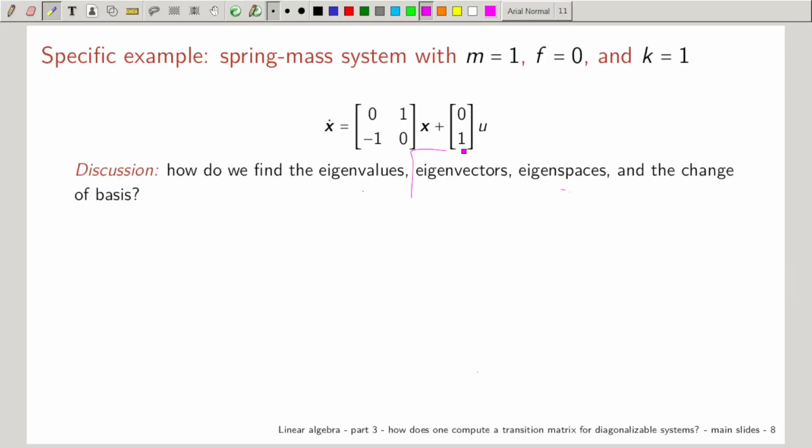How do we find eigenvectors? We need to compute the kernel of lambda I minus A, and we have to find it. In this case, the lambdas are plus and minus j.